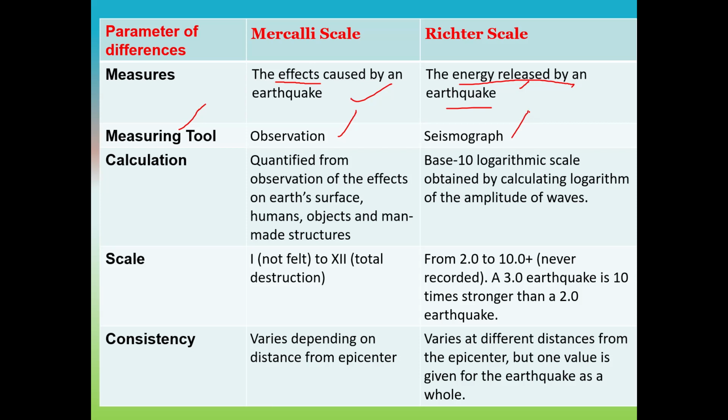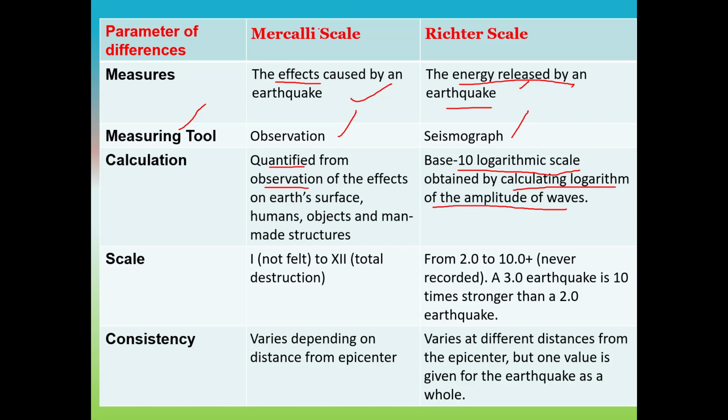The Richter scale uses a seismograph. The Mercalli scale is quantified from observation of the effects of the earthquake on the surface, on humans, objects, and man-made structures, whereas the Richter scale is based on a base-10 logarithm, a mathematical calculation obtained from the logarithm of the amplitude of waves.